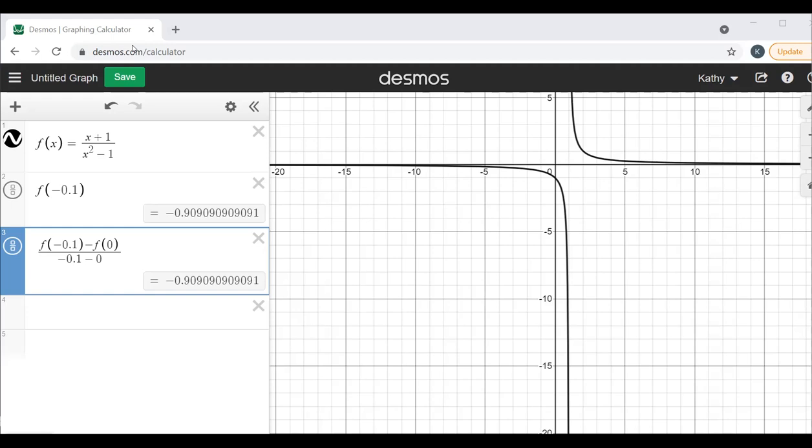Oh, it's minus -1. Yeah, because those are the y values. This y value was -1. I'm just evaluating the function to get the y values so that I could plug them into this slope equation. But in reality, Desmos did all the work for me, right? I didn't do any other work.